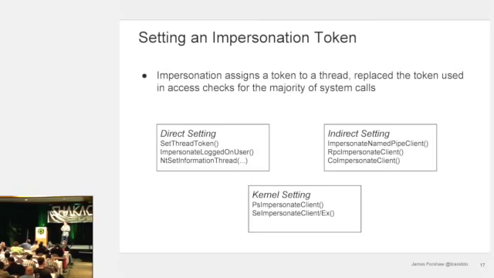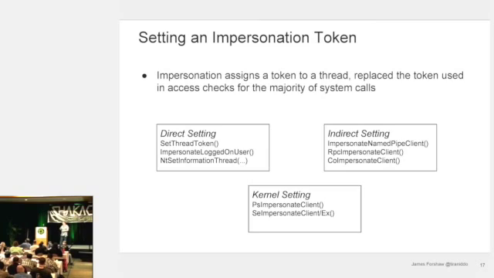So there's a few different ways of getting that thread token set. One of them is direct setting. You can just call a function which says, hey, I've got this handle to a token. It's got impersonate privilege. Can you assign that to my thread? And it can go yes or no. There's then the indirect setting. Indirect setting is where you have a scenario such as named pipes.